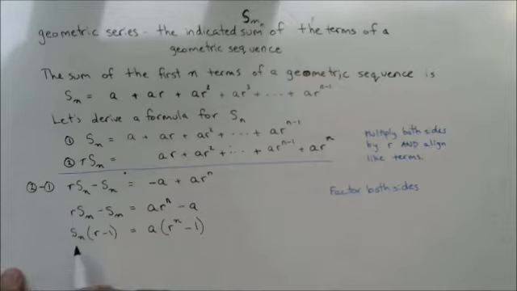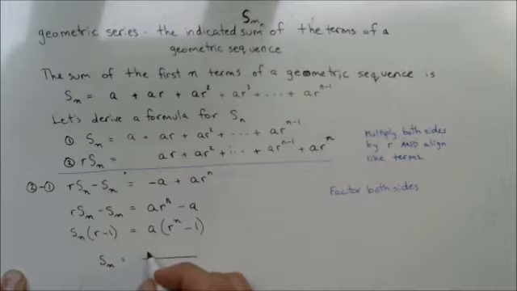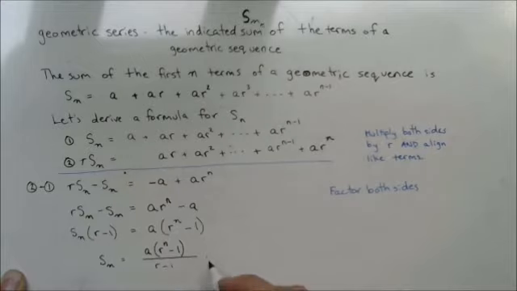Well, now, in order to get the formula, to simplify it, I just need to divide both sides by r minus 1. Okay? So on the left, we're left with s sub n. And on the right, I'm going to have what I started with in the numerator. And we're going to divide it by r minus 1.